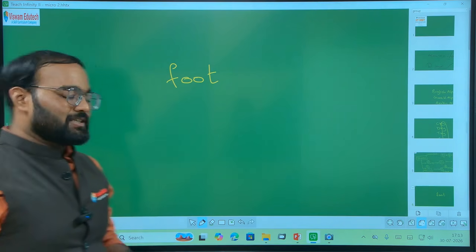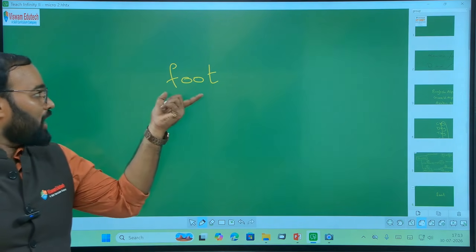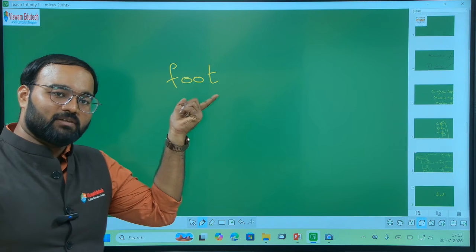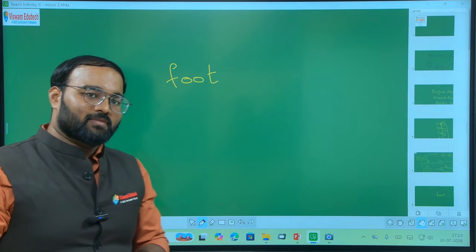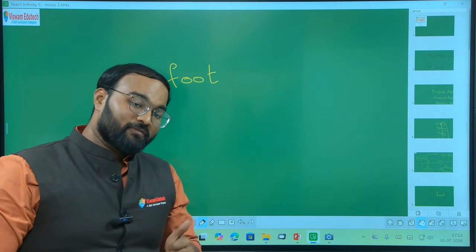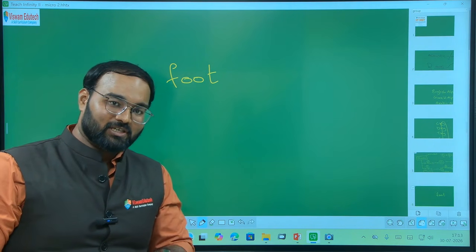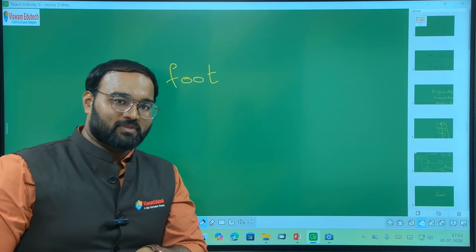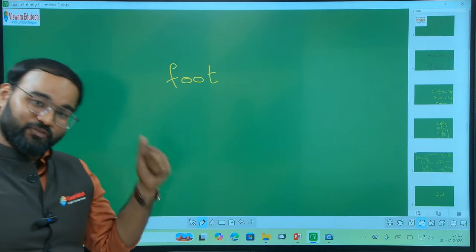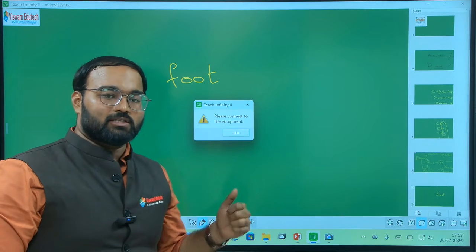Dear students and teachers, how do you pronounce this word? It's foot, my foot, your foot. If you think of this as food, it's wrong. This is foot.